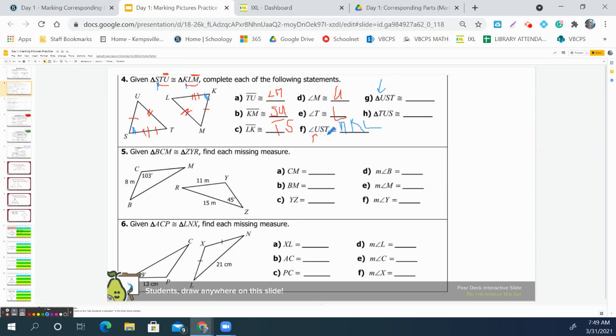So if I said, what's the angle measure of UST, this would just be the measure of angle U. This one, I'm talking about the entire triangle. The letters are the same, still MKL, right? What about triangle TUS? How would you name that? TUS, T to U to S.